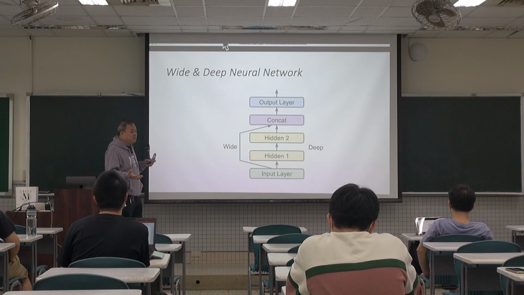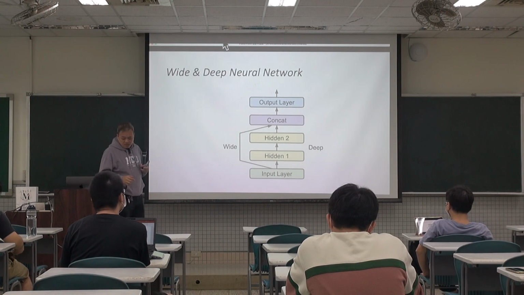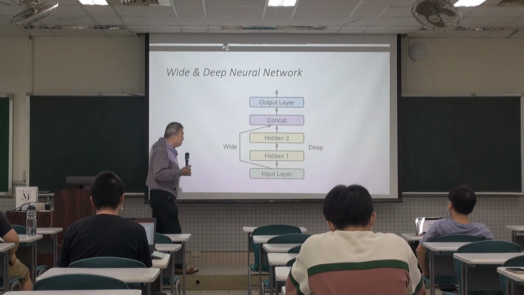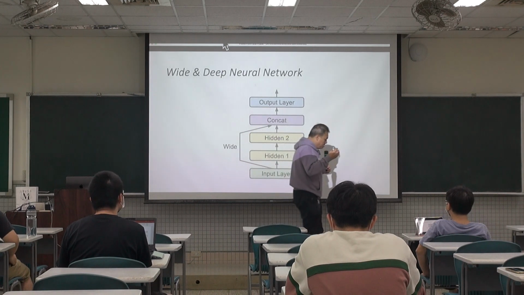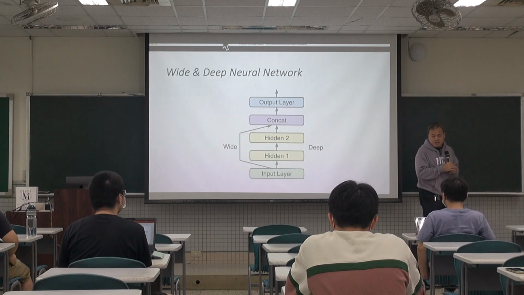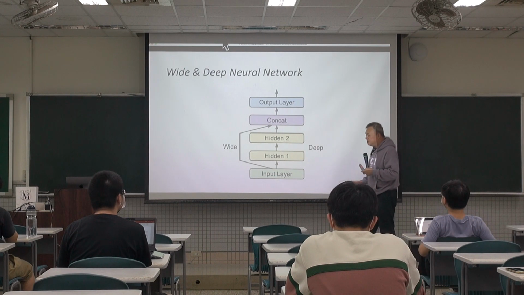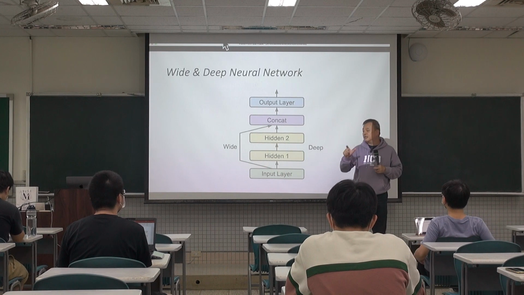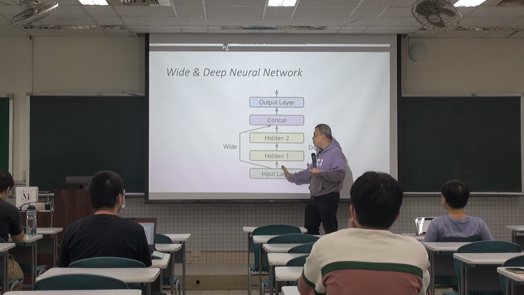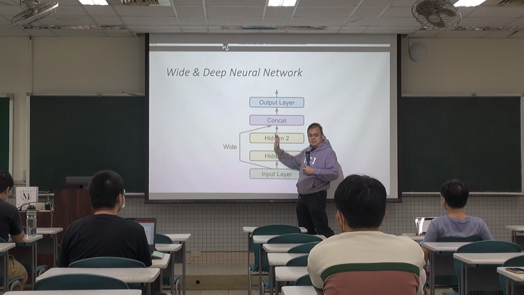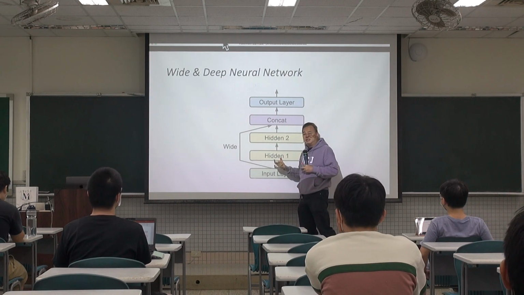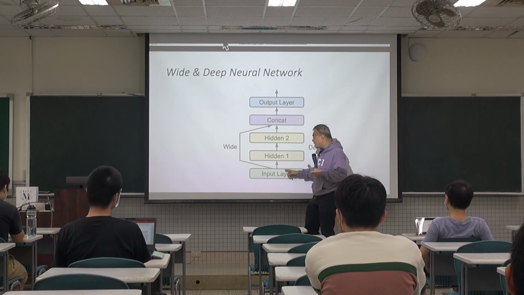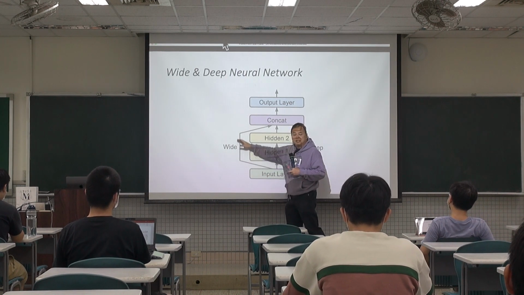So what is the interesting part of this network? When Dr. Cheng proposed this idea, he said that some features are better to be processed by multiple hidden layers, but some features, especially the simple ones, are better to be extracted directly from the input layer.